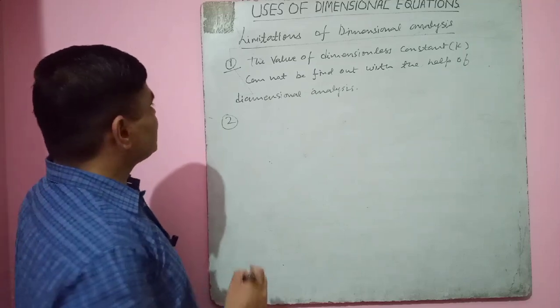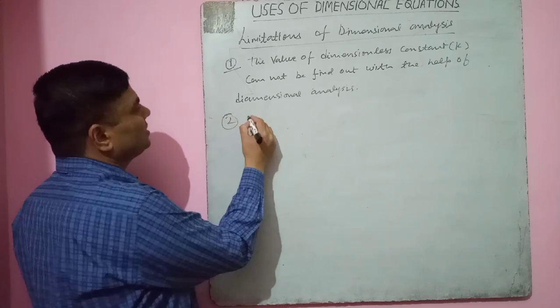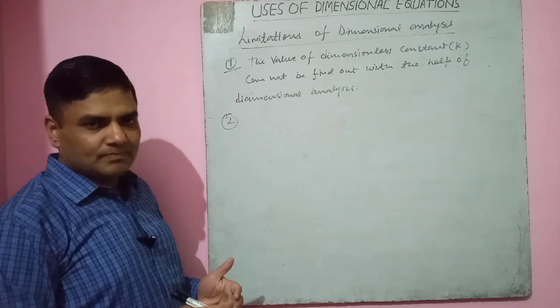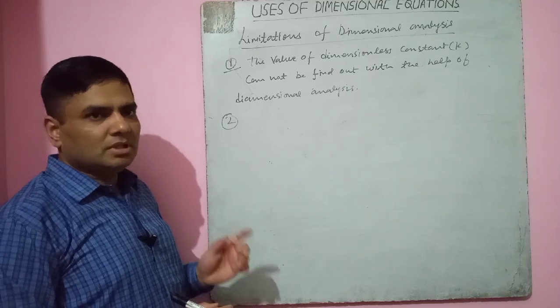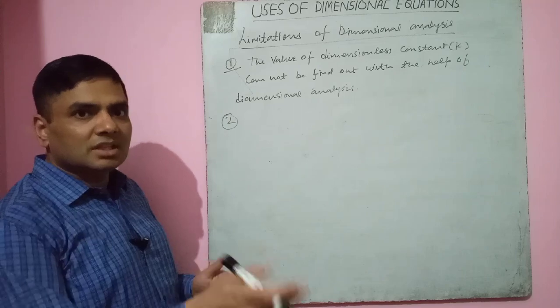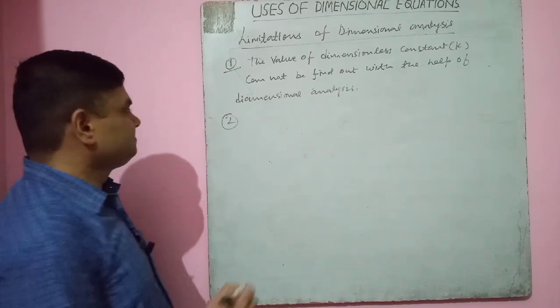Second limitation is that if a quantity depends on more than three other quantities, then the relation cannot be found out between them.